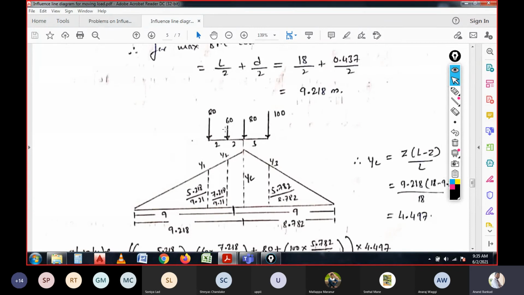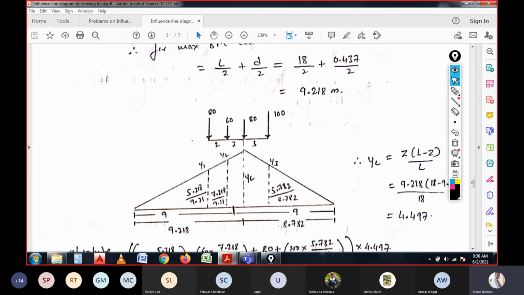For this 0.4 meter, when we take the CG, we need to coincide it to the center of the load, that is the CG, to the span of the 18 meter. So once we get the 9.218 meter, at that position we need to place the 80 kilonewton load.